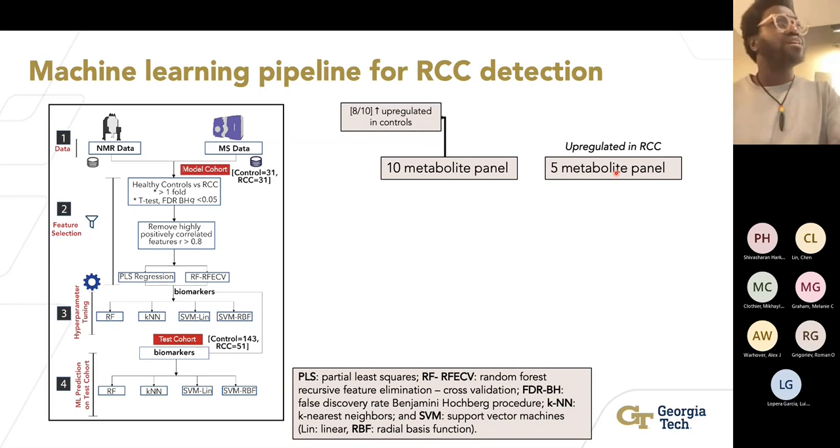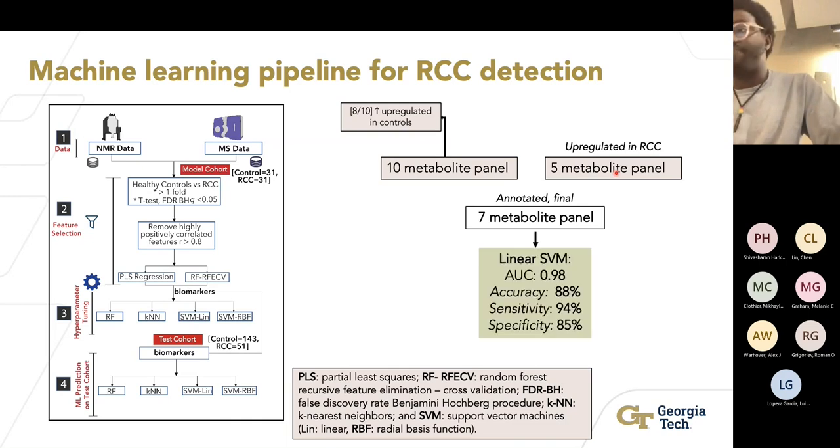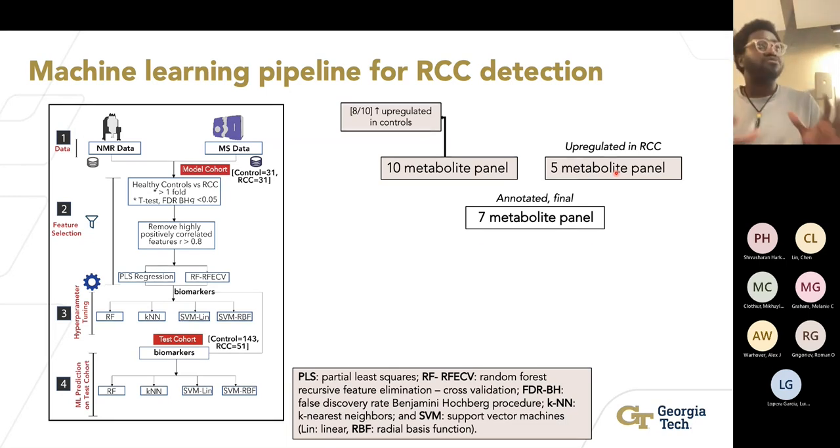And Samyukta, a graduate student in the lab, took all these. At this point, I'm calling them a metabolite panel, but they're just features because we don't know what these metabolites are. But she was able to identify about seven of these 15 metabolites, and that formed the basis of the panel that we presented in the paper.